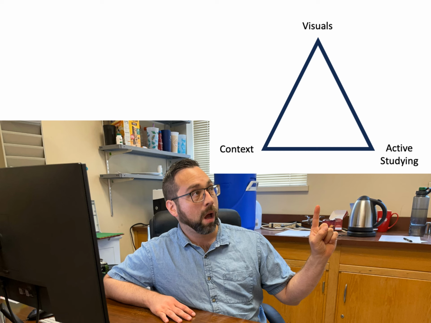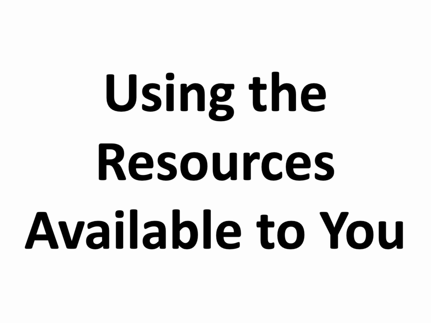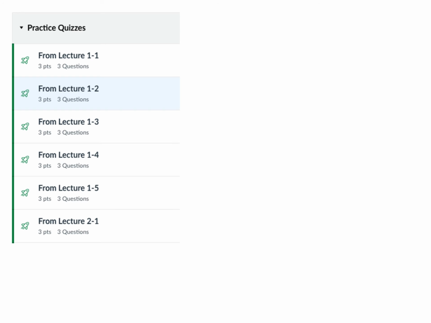Now, I know I said there were 3 main concepts here, but there is also a 4th bonus concept: using the resources available to you. This will vary widely from course to course, but if, for example, the class you're studying for has practice quizzes online, take them.